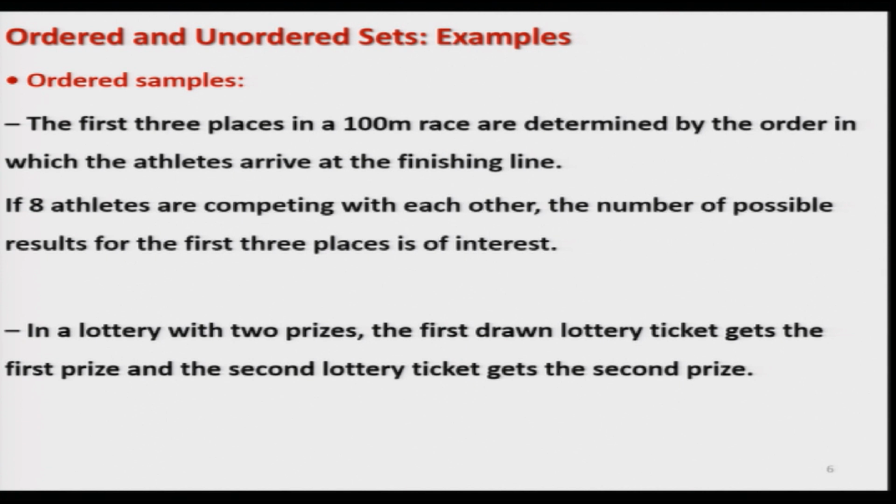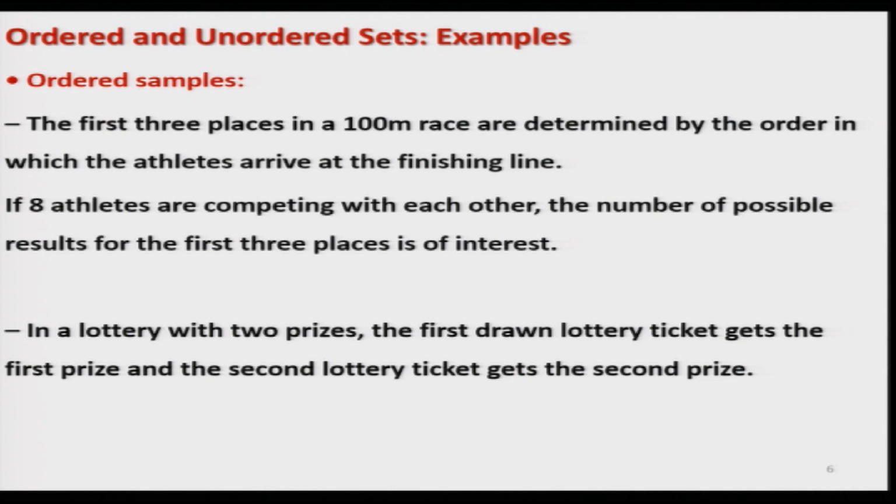For example, you know that whenever there is a race, a couple of people run and win, and then finally at the end we want to know who comes first, who comes second and who comes third. Right. Now, obviously if there is only one athlete, that one will always come first.